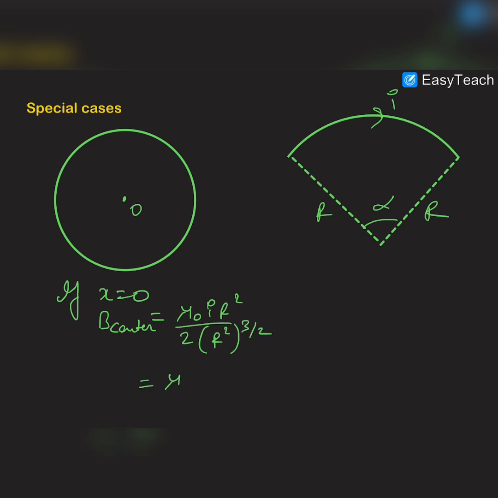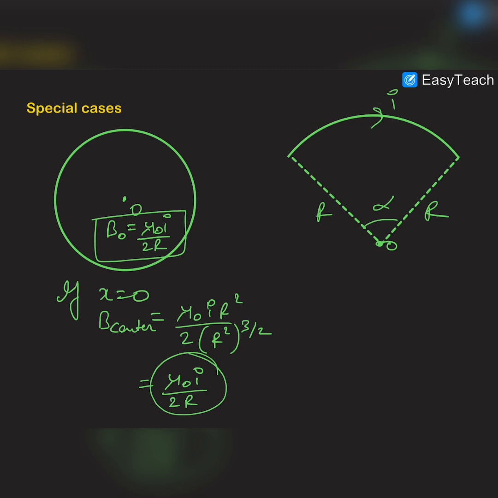So it would be mu naught I by 2r. So B at center at point O will be mu naught I by 2r.